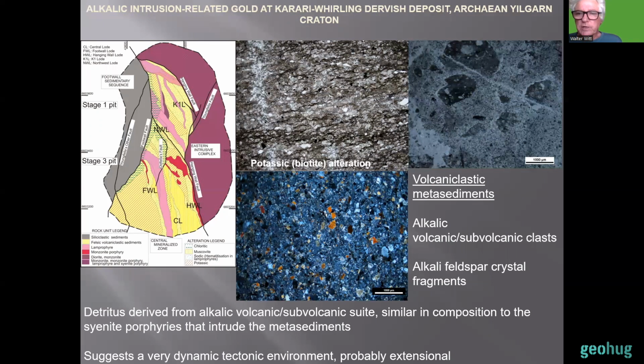This evidence suggests that the sediments were derived from a hinterland dominated by alkalic rocks, similar to those which intrude the sediments. All of this requires a very dynamic tectonic environment, probably extensional, in order to account for that complex relationship.